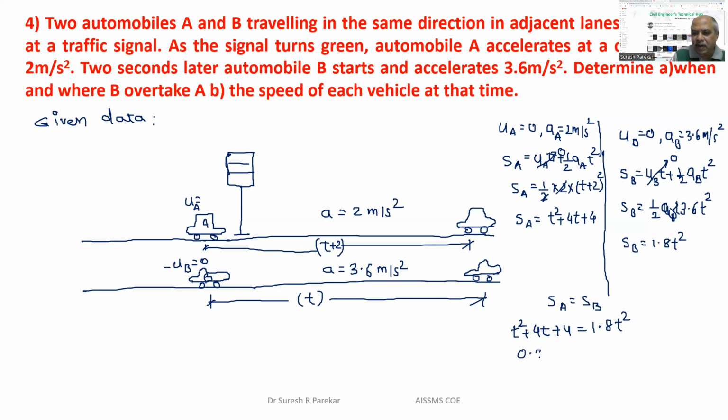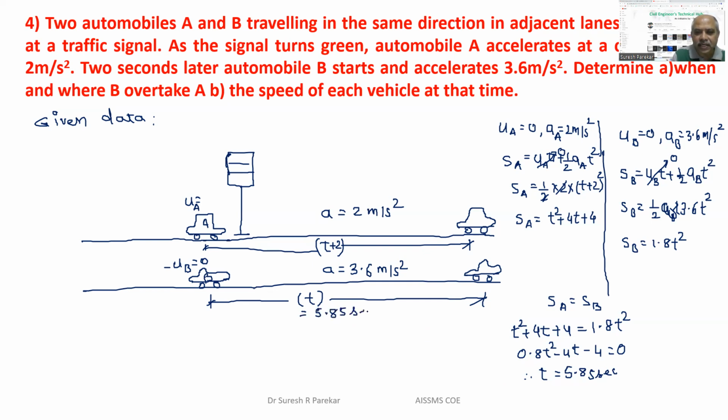If you solve this, you have 0.8 t square minus 4t minus 4 equal to 0. And we have therefore t equal to 5.85 seconds. So we have a second degree equation with 0.8, minus 4, minus 4. It comes to 5.85 seconds.